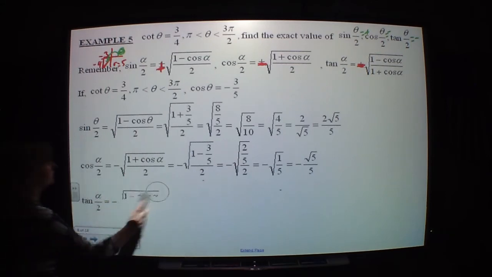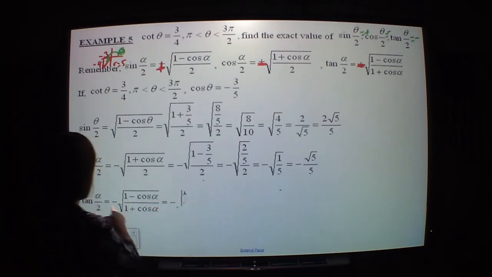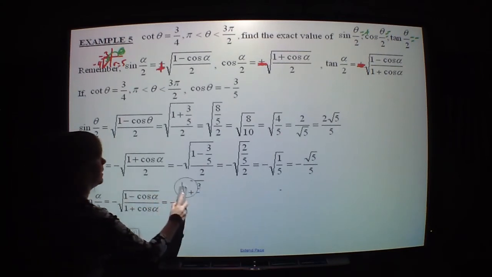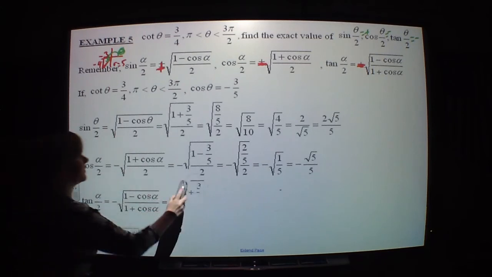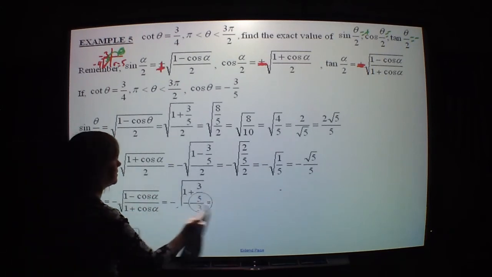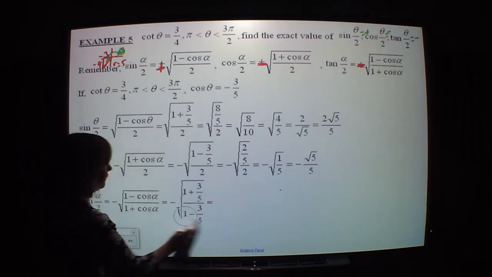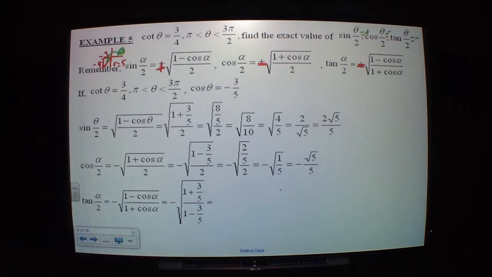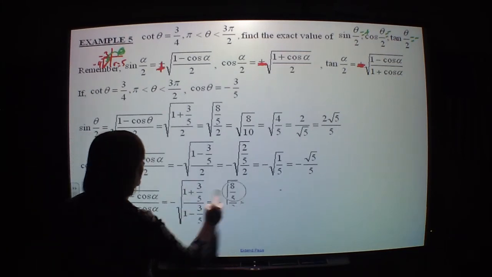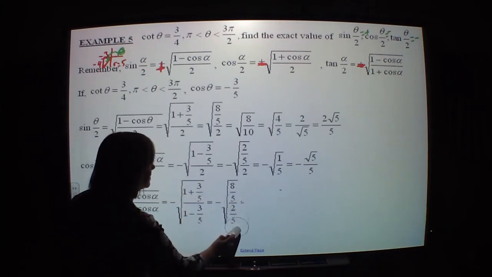Tangent, the last one. There's your formula again written. So I have 1, it's a negative. 1 minus a negative 3/5 would be plus 3/5 over 1 plus a negative 3/5 would be 1 minus 3/5. So 5/5 plus 3/5 would give me 8/5. 5/5 minus 3/5 would give me 2/5.